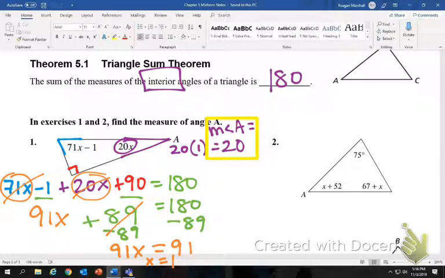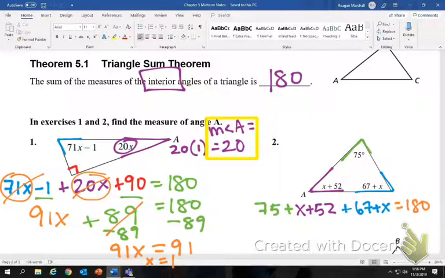Do the same thing with the second one. Take 75 plus x plus 52 plus 67 plus x and they equal 180. Combine your like terms. We have x plus x, which makes 2x. Add 75, 52, and 67, which makes 194.